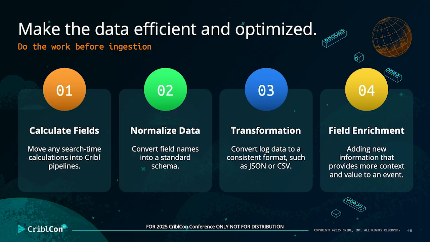It's also going to make your analysts better. Instead of them working through a long, complex Splunk query or whatever, let's do that within Cribl. You can also normalize it, whether you're in OCSF, ECS, SIEM, UDM, whatever. You can do that there. We'll talk a little bit more about transformation in a little bit. And then lastly, field enrichment.